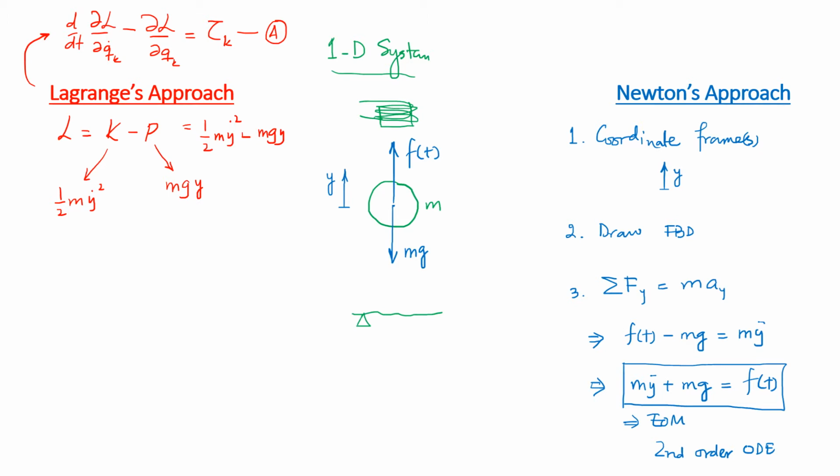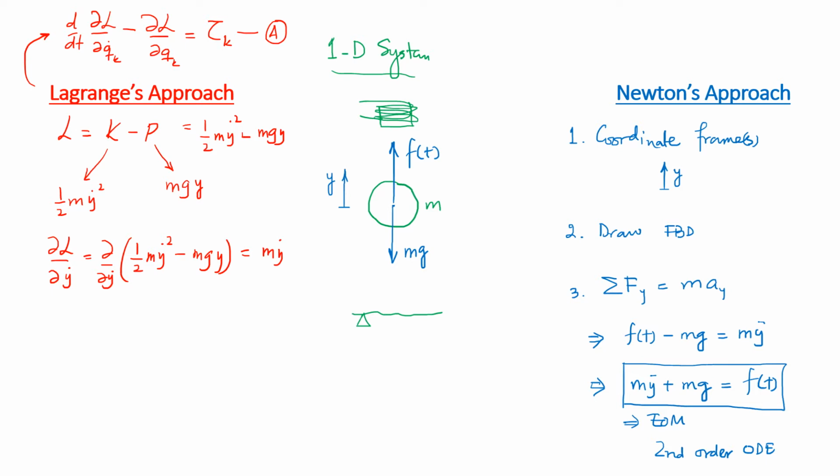Now I'm going to use this to construct the partial derivative of this Lagrangian with respect to the generalized velocities, which is in our case y dot. In this expression you can readily see that there is only one term which involves y dot. So that is going to give us a very simple output, equal to m y dot.